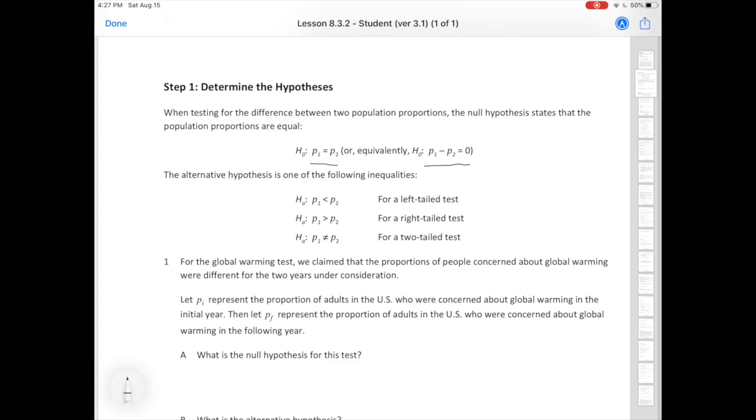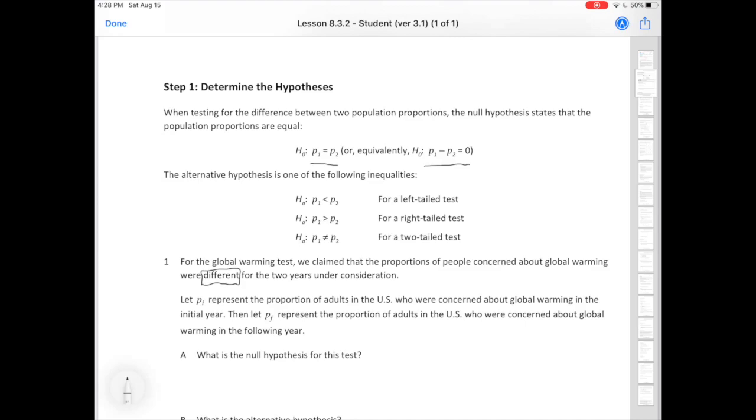If you use a greater than symbol, it's going to be a right-tailed test. And if you just use a not equal to sign, it's going to be a two-tailed test. So for the global warming test, we claimed that the proportions of people concerned about global warming were different for the 2 years under consideration. Different here is the key word. We're going to come back to this a little bit later.